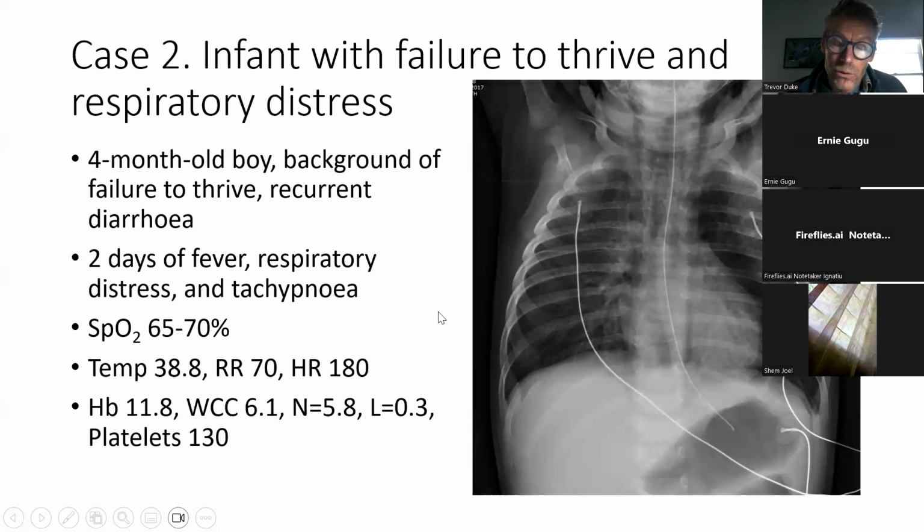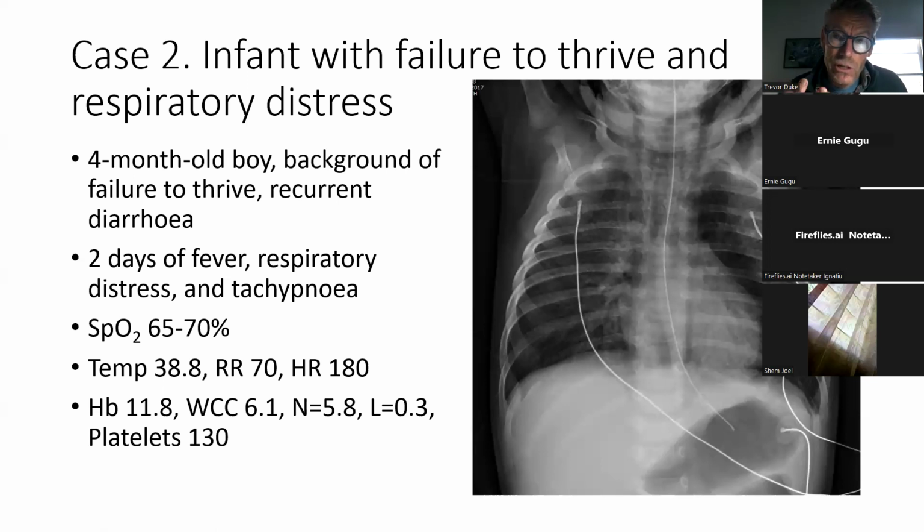And so when you're thinking this through, you've got to think, where is the air coming from? Could it be coming from his upper airway, a breach in his upper airway somewhere? Could it be coming from his lung? Could it be coming from his esophagus, even a breach in the esophagus?